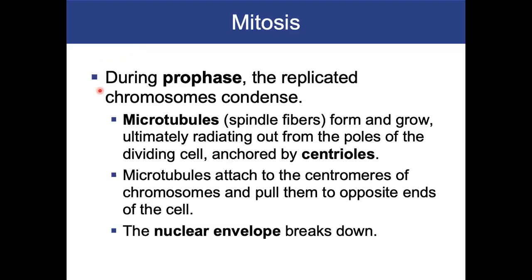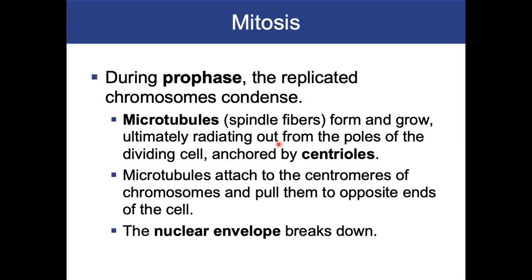So during prophase, the chromosomes that had already replicated in interphase are going to condense, right? So what this is telling me is that when those chromosomes coil up in prophase, they're getting ready to divide. And you can actually see them under the microscope.